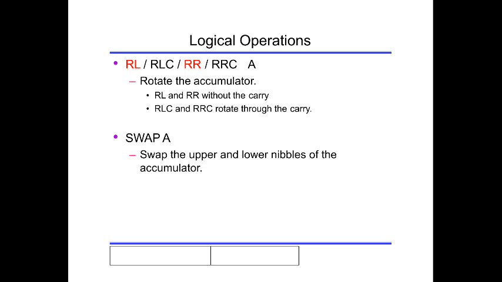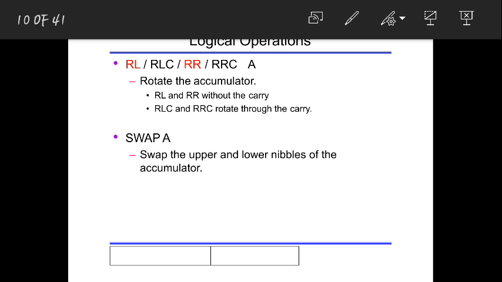Now whenever I take this rotate left, this is the instruction RL, rotate left accumulator. So whatever 8 bits are there in this accumulator will be rotated left, one by one.